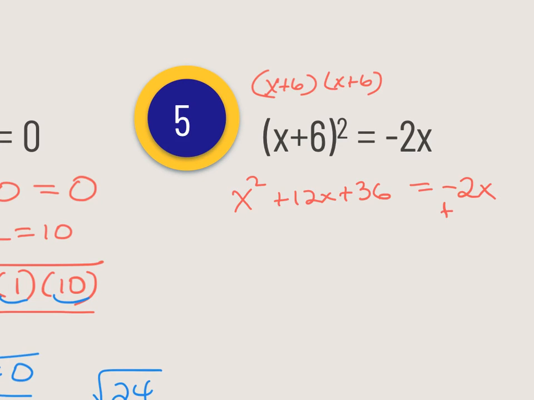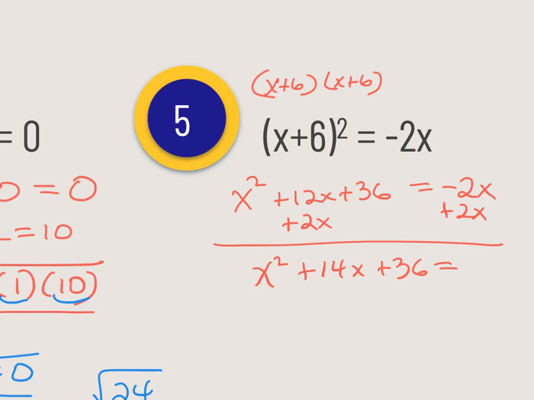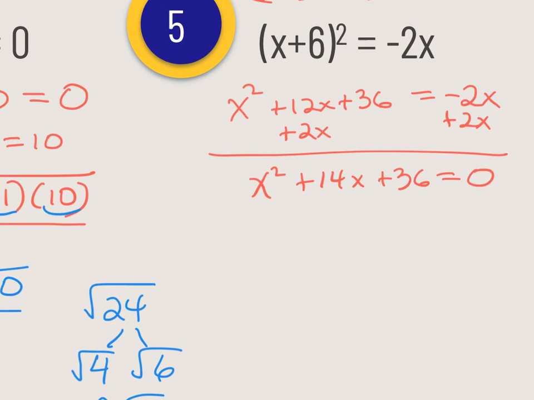Move the 2x over. X squared plus 14x plus 36 equals 0. Now it's in standard form, and I can pull out my a, b, and c. A is 1, b is 14, c is 36.